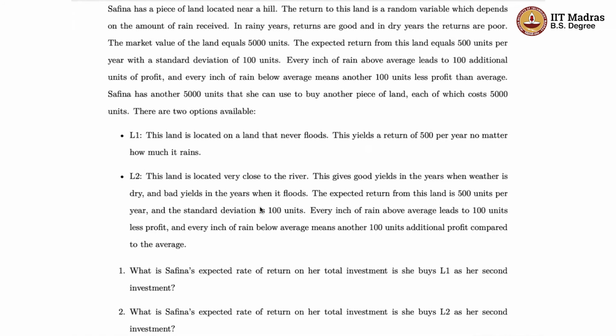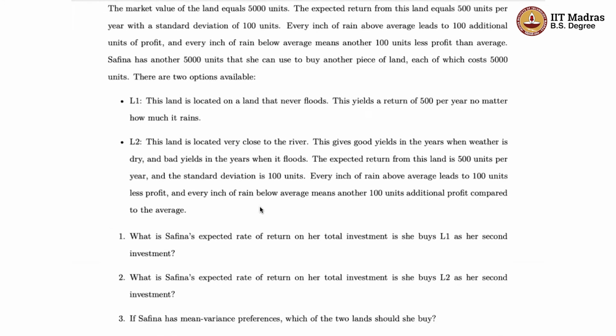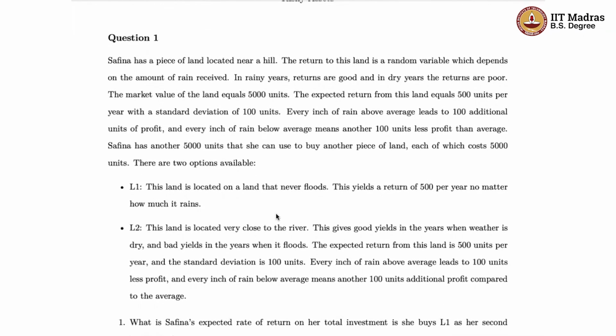But if you purchase L2, then the expected rate of return is the same as owning the land and L1. So we are fine in terms of that dimension, but the overall risk is now lower because of this negative correlation of the two assets' values, right? And so therefore, if she has mean variance preferences, then she should end up buying the second land versus the first land. So that's basically the answer.